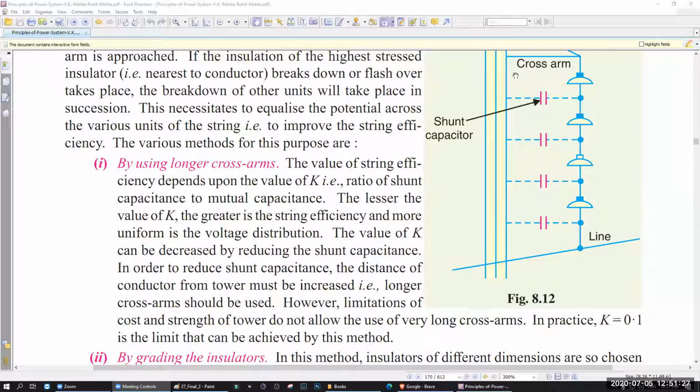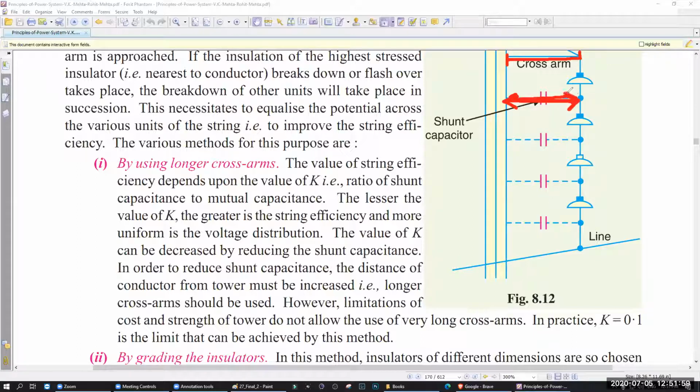Now there is a problem of using a longer cross arm. What is the problem? Can anyone say? Just use your common sense. If you increase the distance, your efficiency increases. But one problem arises. What is that? Sir, air gap increases. I know that. That is not a problem.